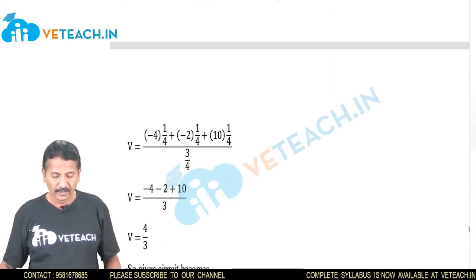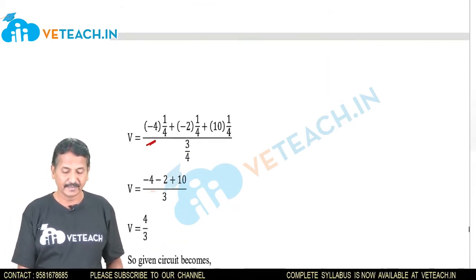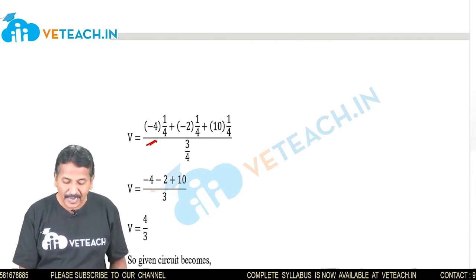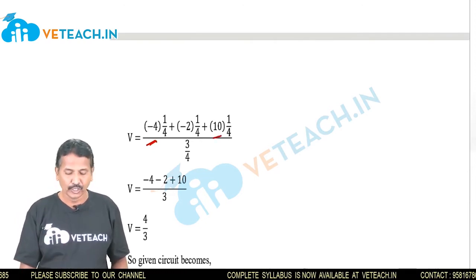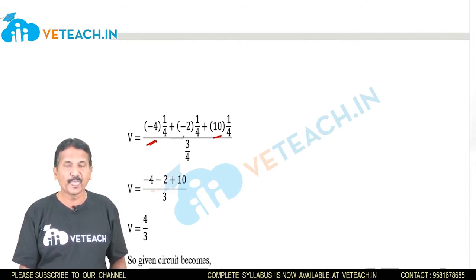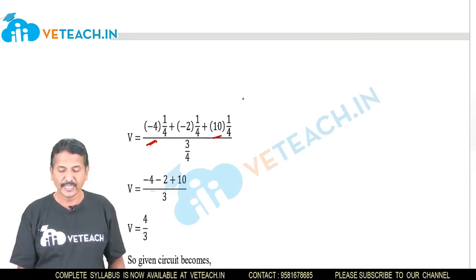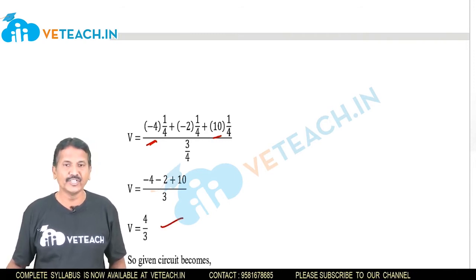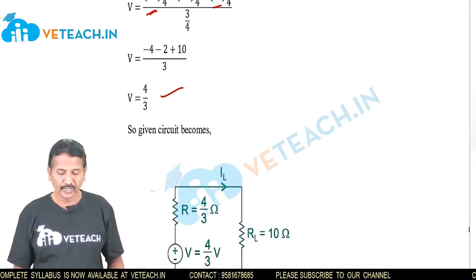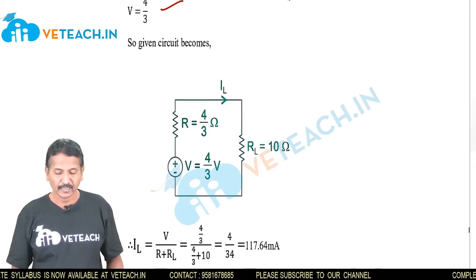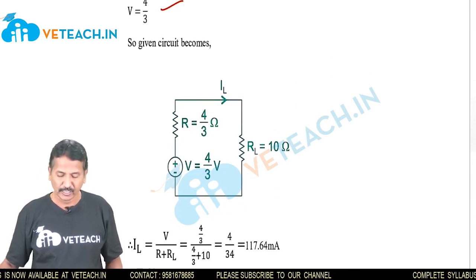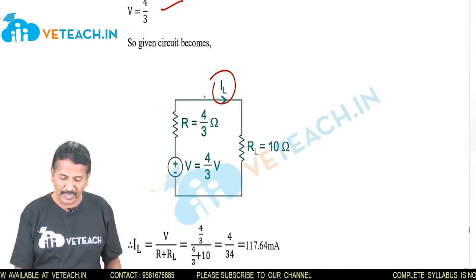What V1 do we have? Here it's a minus. Why minus? Because it is a fall in voltage. Here plus, it is a rise in voltage. So minus 4 G value, minus 2 G2 value, 10 G3 value, divided by the G value. So how much did you get here? V is equal to 4 by 3. So the given circuit becomes the total voltage and total resistance across the load resistance.